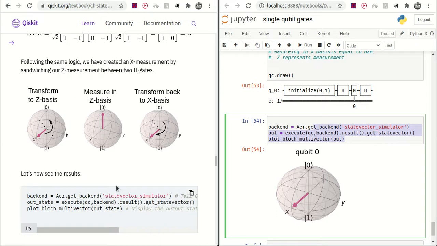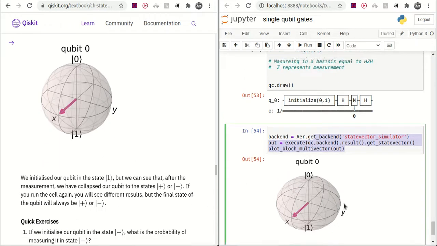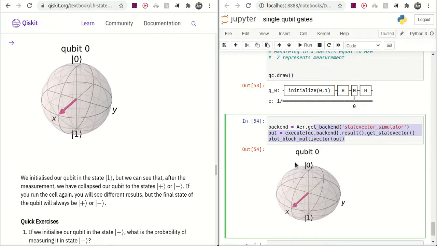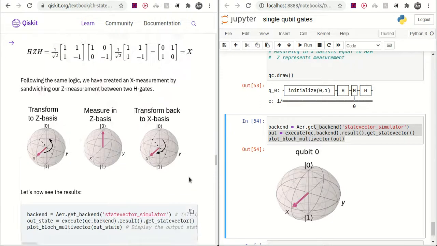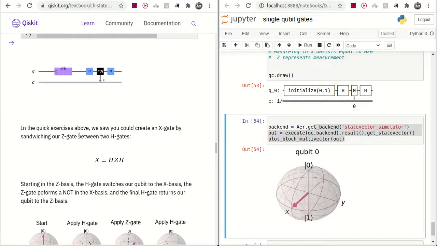Transform to the z basis, measure in the z basis, transform to the x basis. This is exactly what we planned to do. We wanted to measure in the x basis. If it was initially in 0, we convert into the x basis, then transform to the z basis. Now we'll see how this is happening.